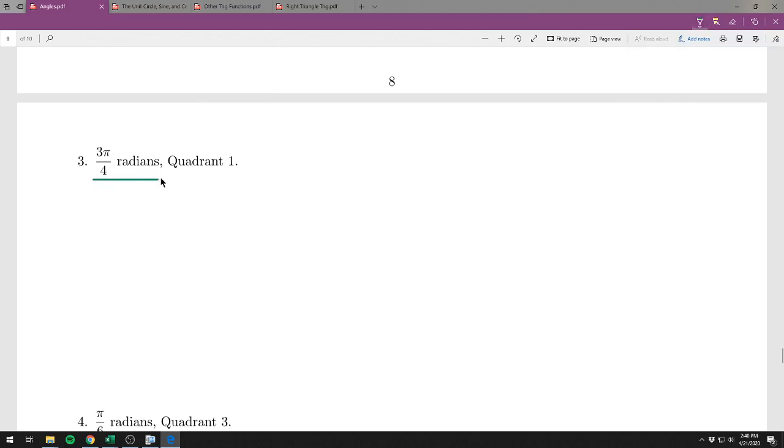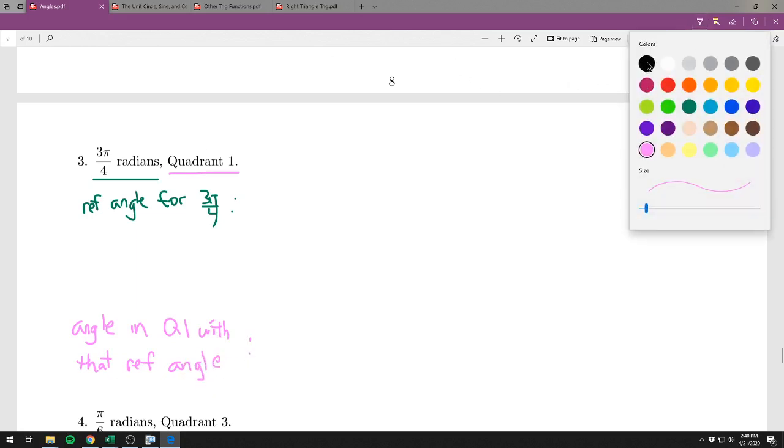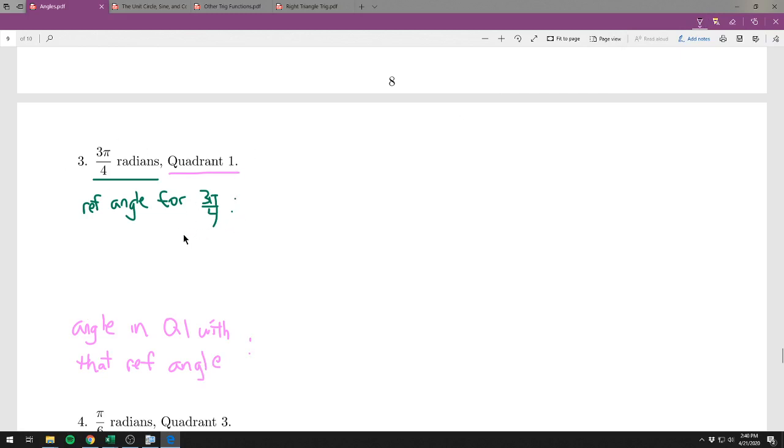To remind you what we are doing here, we want the reference angle for this. And then after we get that, we want the angle in quadrant 1 with that reference angle. Like I mentioned, you want to check this, but 3 pi over 4 is between 0 and 2 pi.